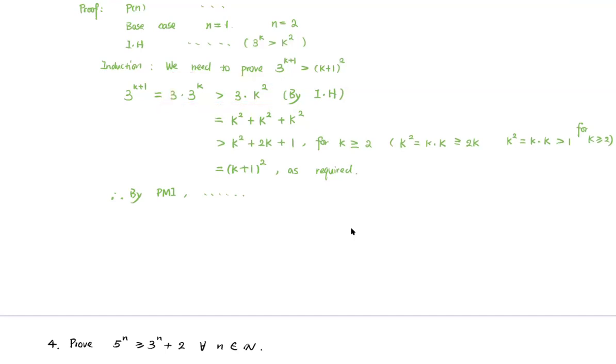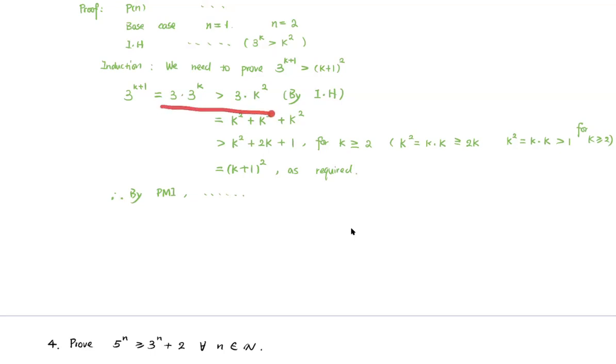And 3 is positive. Multiply by a positive number. No, that's not a quantifier. Quantifiers are things such as for all, there exists. Those are quantifiers. So for example 4, we multiply both sides by 3.